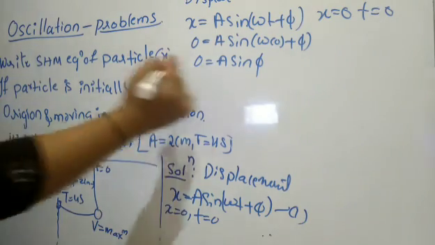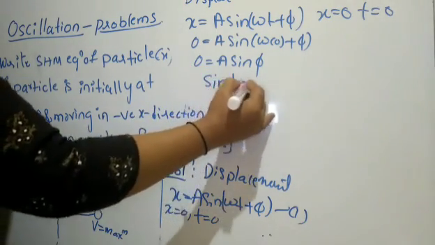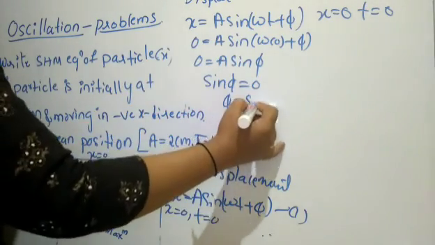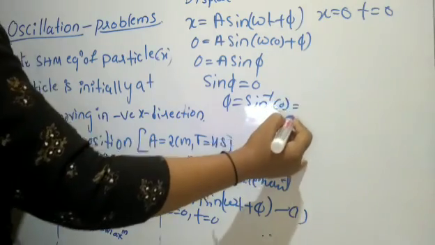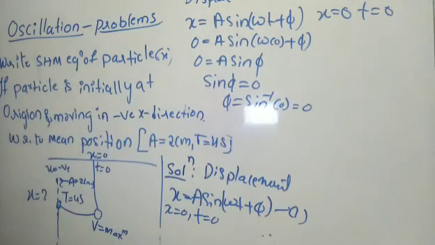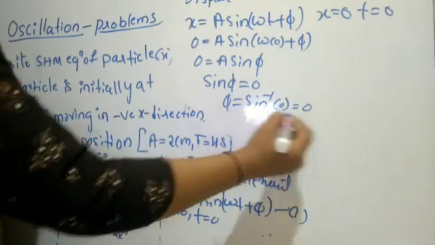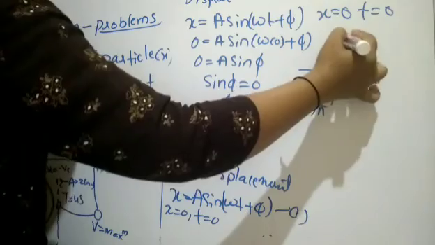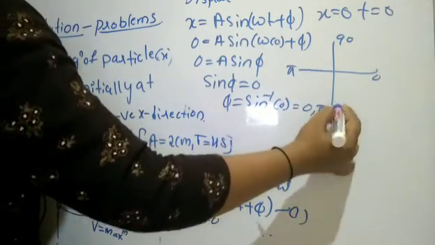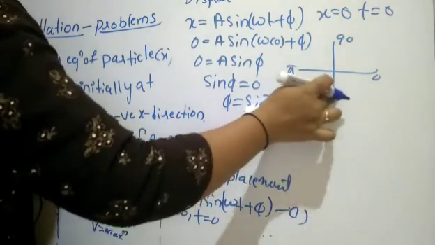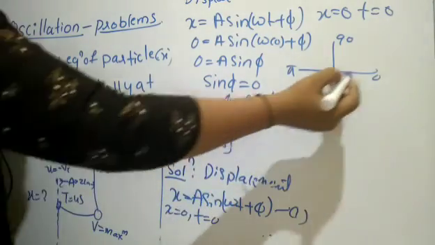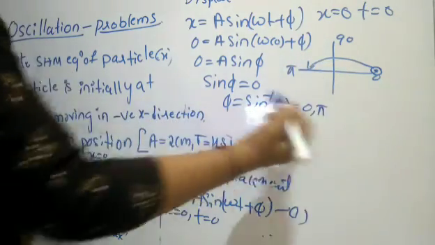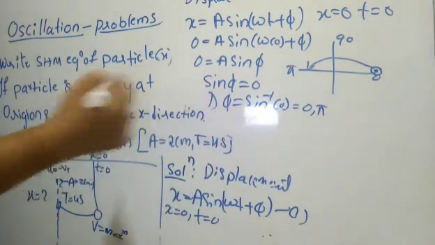That means sin phi is equal to 0. So phi is sine inverse of 0, which is either 0 or 180 degrees, that is pi. This is the first condition from the displacement.